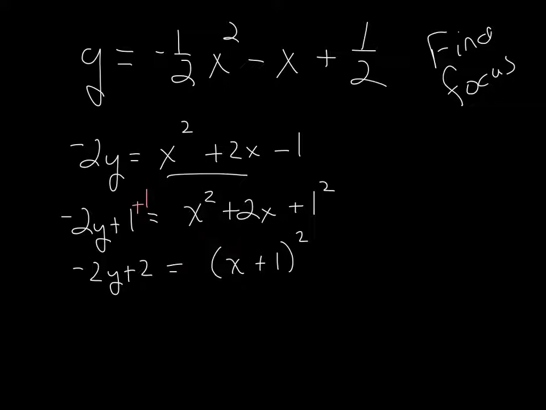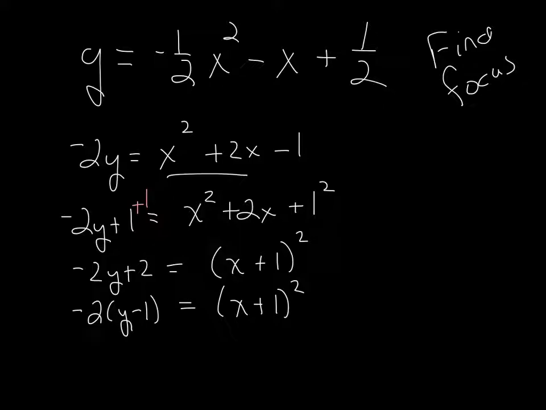Remember, the reason we complete the square is so that we can factor it so it'll look like this. We take half the middle term, square it, and add it to both sides. So I added the 1, and now I factored it. Why is there no square on the other side? Because we didn't square this side. It didn't have a square with it. So if I factor out a negative 2, we have y minus 1 equals x plus 1 squared.